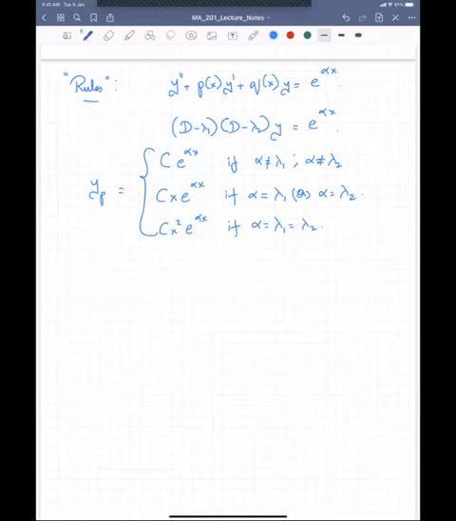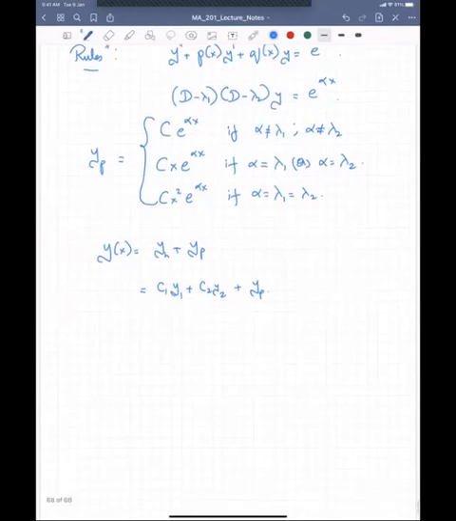Now, so remember again that the general solution is YH plus YP. And YH can be written as C1 Y1 plus C2 Y2, where Y1 and Y2 are the two linearly independent solutions of the homogeneous equation, plus YP. Now here, cavalierly, I've written YP as some constant times e to the alpha x or some constant times x e to the alpha x, but I better determine what the constant is.